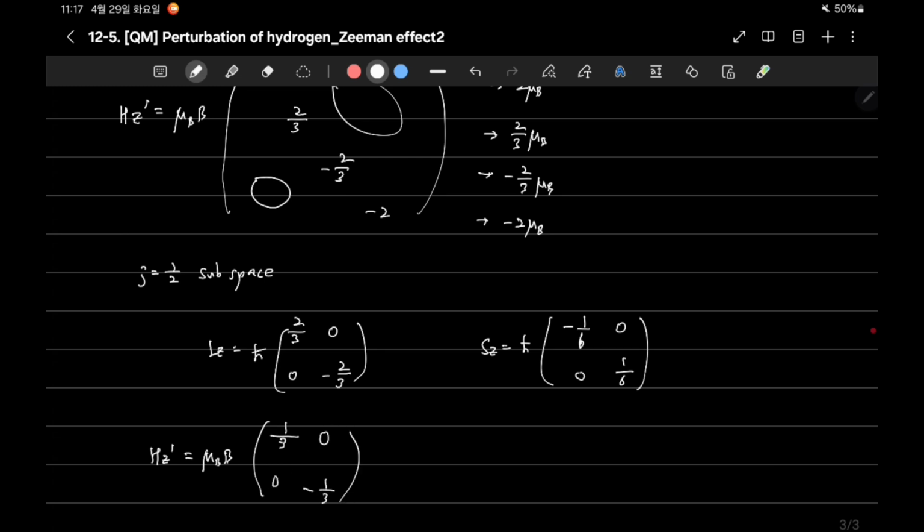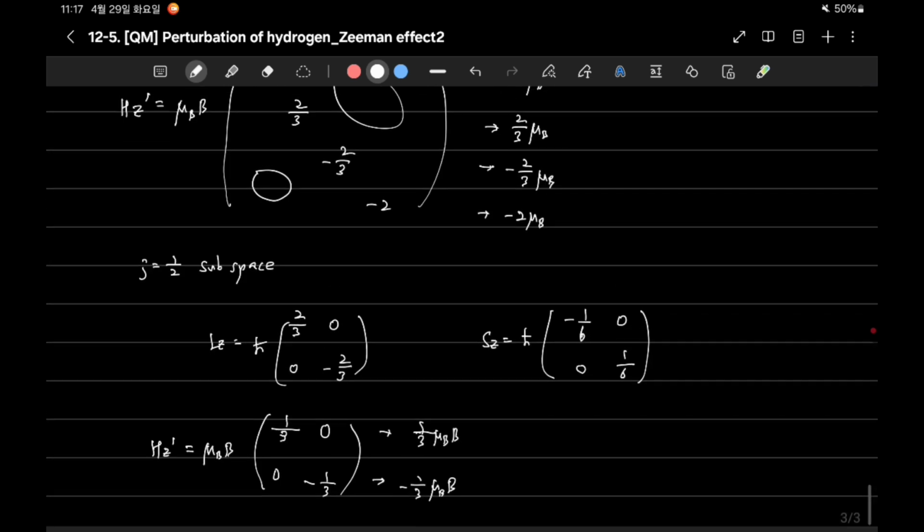It is the 2 subspace, corresponding to 1/3 mu B B and minus 1/3 mu B B, and there are these two kinds of energy.